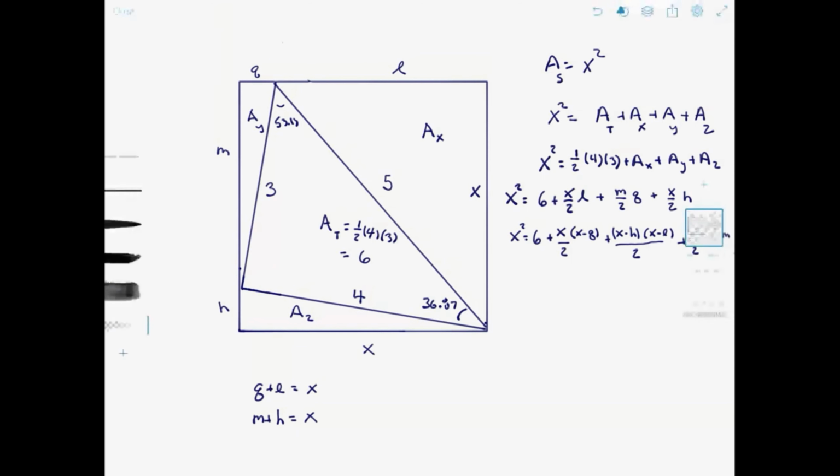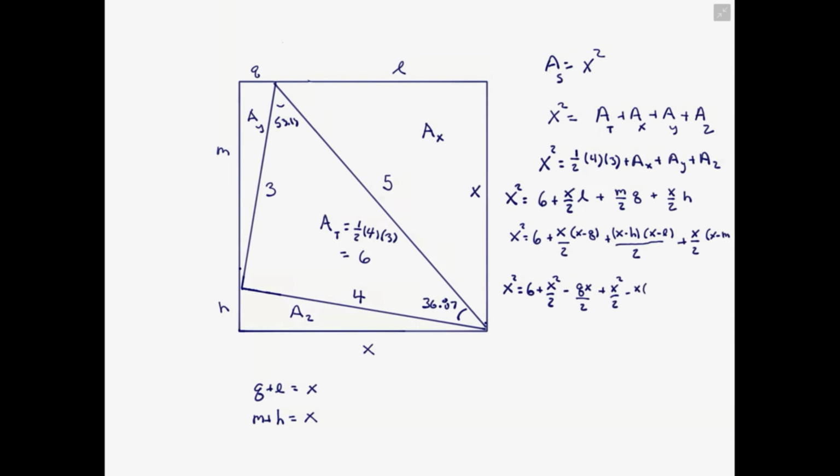So I have x squared equals 6 plus x squared on 2 minus qx on 2 plus x squared on 2 minus x times h plus L on 2 plus HL on 2 plus, well, we'll leave this x on 2h for now, just for space's sake.